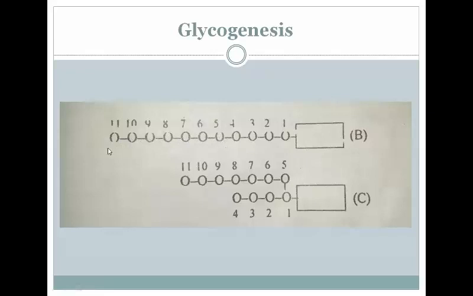So this chain is cleaved and attached to the neighboring chain and thus forms 1,6 glycosidic linkage, which is represented here by glucose 5 of one chain and glucose 1 of the other chain, and these both are linked with each other by 1,6 glycosidic linkage, thus forming the branch point of the glycogen molecule.